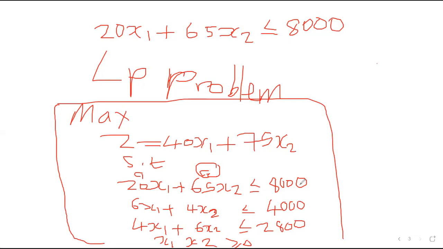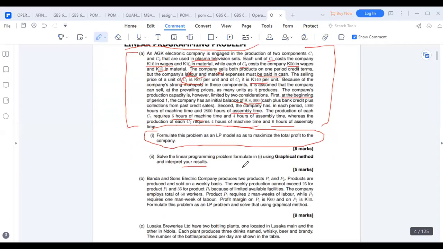So this is the LP formulation for the 8 marks. This is how the first one, where it says formulate this problem as an LP, which is linear programming, to maximize the total profit. That is just the 8 marks for formulation.